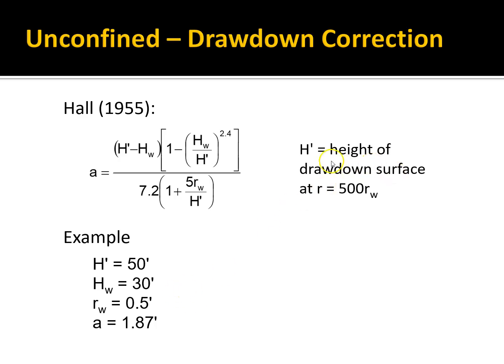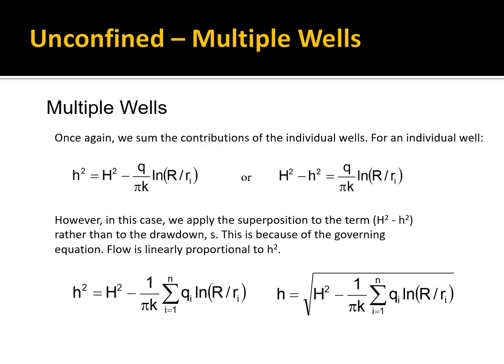Well, let's see, it's written right here: the height of the drawdown surface at r equal to 500 times the radius of the well. The height of water at the well is 30 feet, the radius of the well is half a foot, 6 inches, then we're talking just under 2 feet. So it's not a big deal. It's pretty accurate.